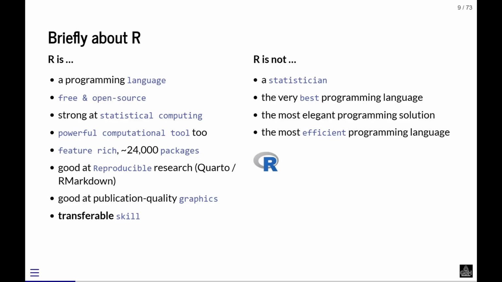Also, it is not the very best programming language. We know there are many other programming languages which are superior to R. Developers and programmers use different programming languages like Python and so on. But in academia, R is more elegant, more convenient, and we are very used to R. It is also not the most efficient programming solution.